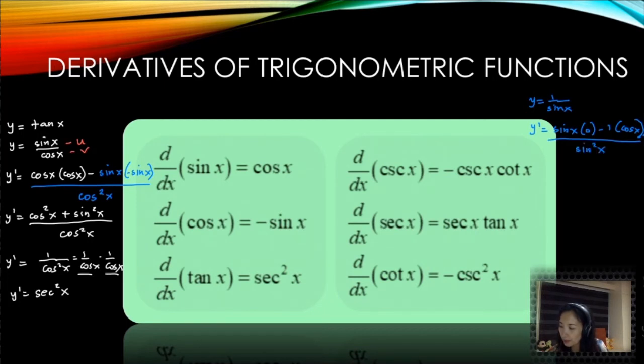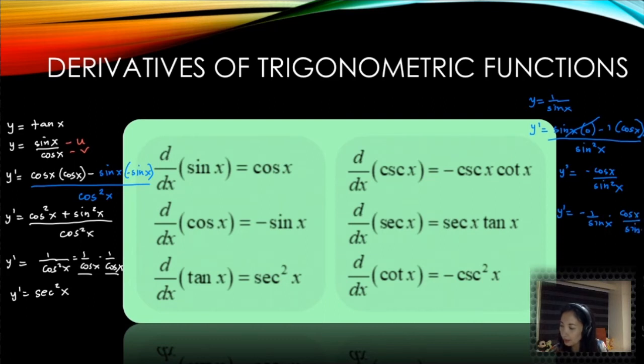So when simplified, what is y prime equal to? This term will be eliminated because it will be 0. So negative cosine x over sine squared x. But in fact, I could break this apart into two factors as negative 1 over sine x times cosine x over sine x.